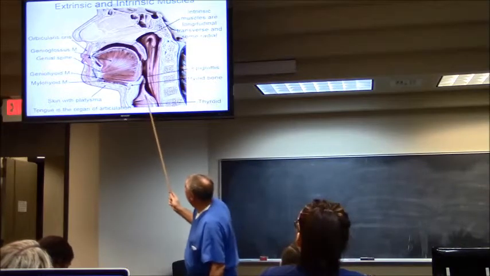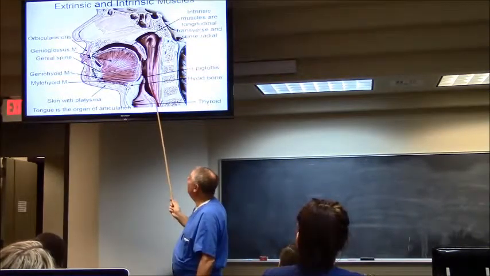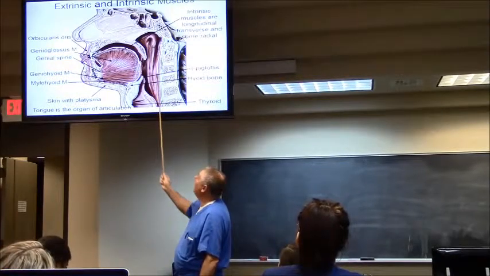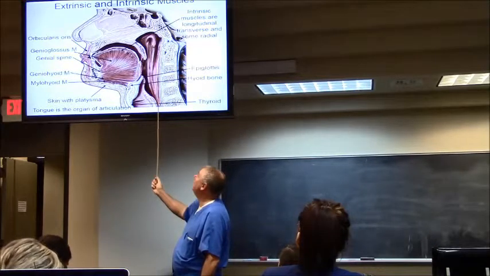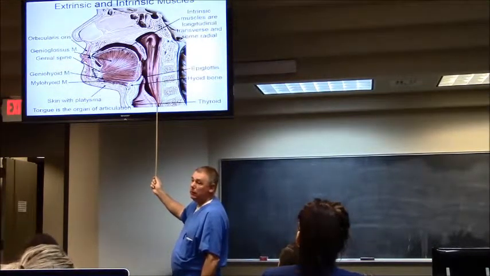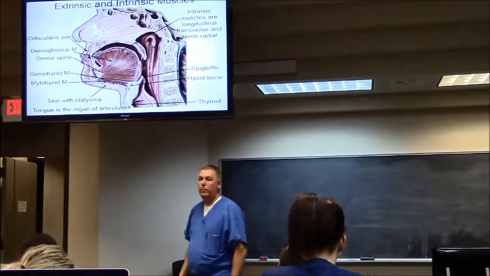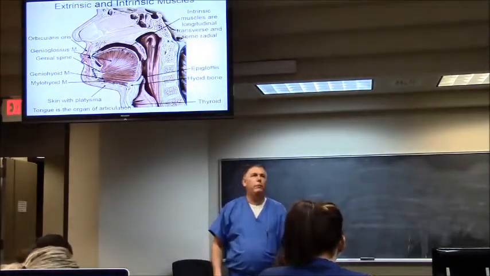That's the esophagus. There's the posterior wall of the pharynx. Prevertebral fascia. Okay, we're going to see that in just a second. But for right now, let's go a few more slides.